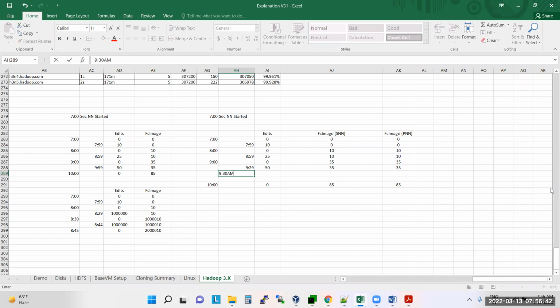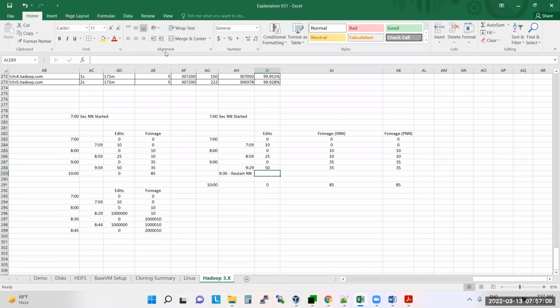At 9:30 a.m. we restarted the name node. Understood, sir? What I did: we restarted the name node at 9:30 a.m. When we restart the name node, what will happen?